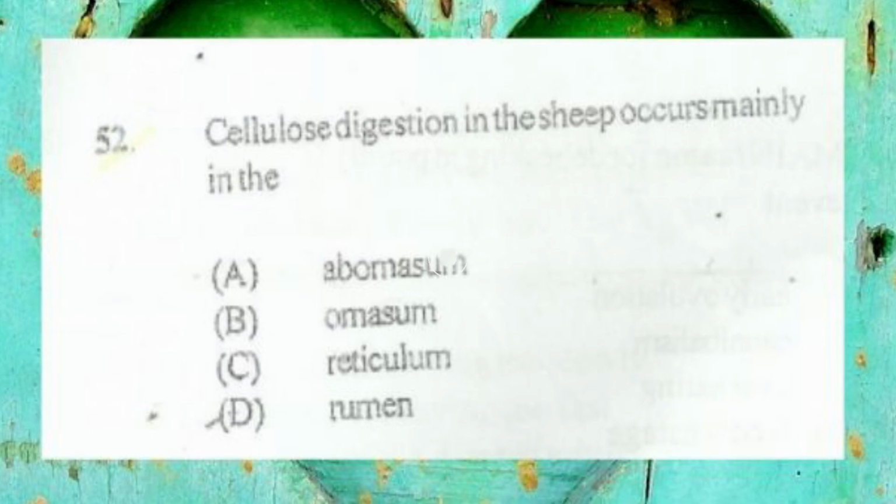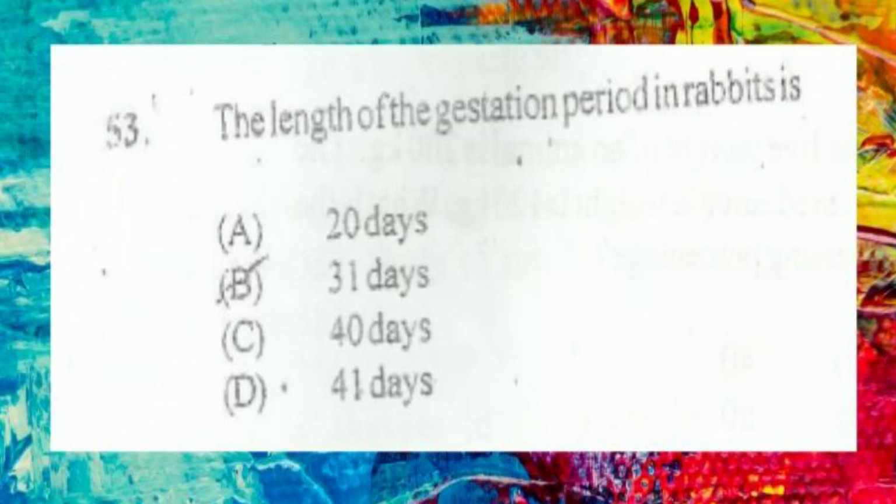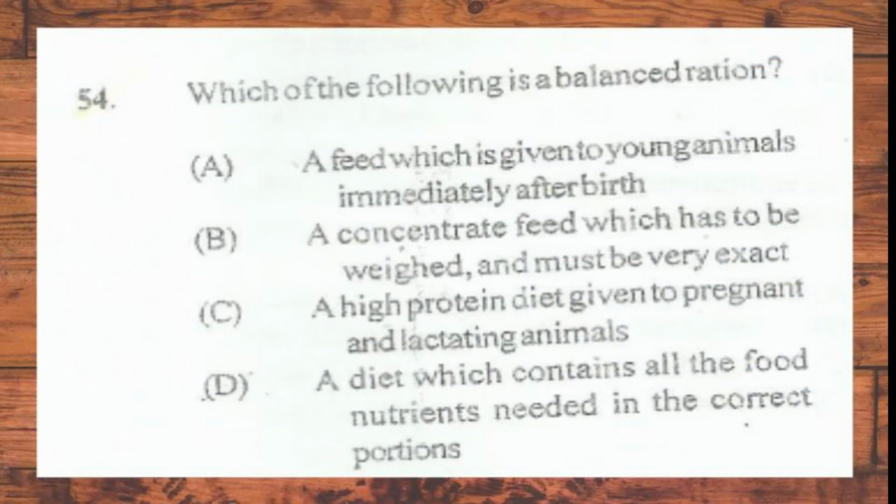Question number 53. The length of the gestation period in rabbits is A. 20 days, B. 31 days, C. 40 days, D. 41 days. The answer is B. 31 days. Question number 54. Which of the following is a balanced ration? A. A feed which is given to young animals immediately after birth.